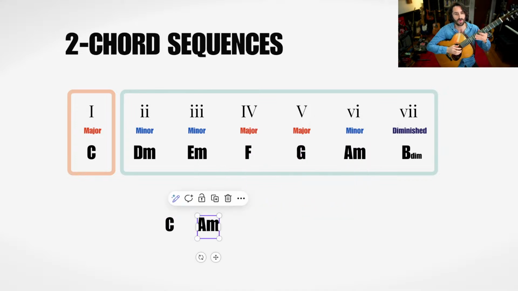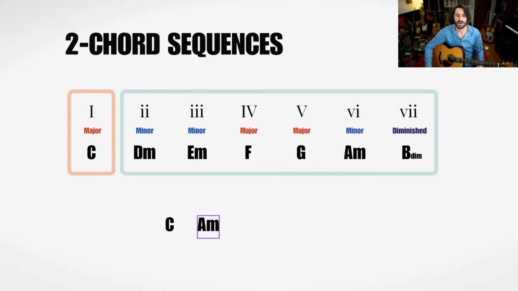Now the A minor is the relative minor in the key of C. And finally, the B diminished.